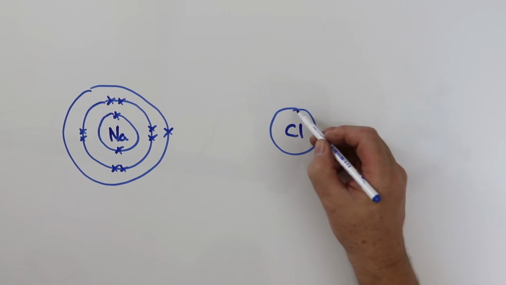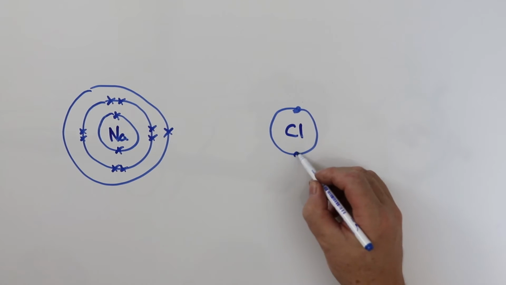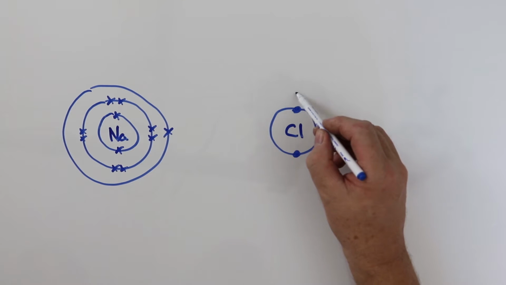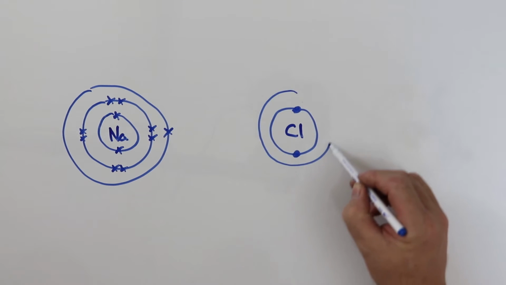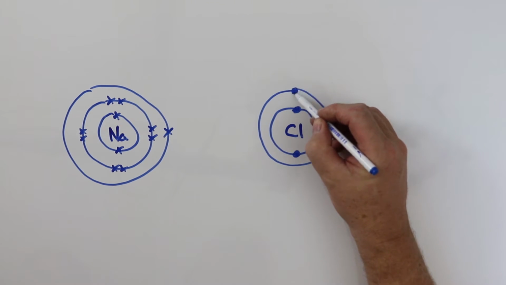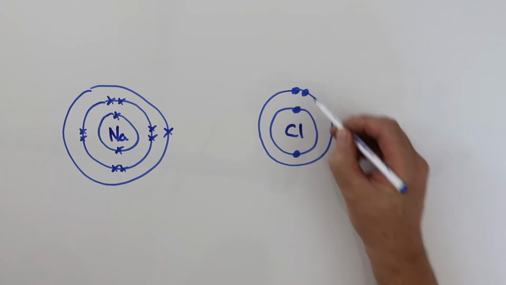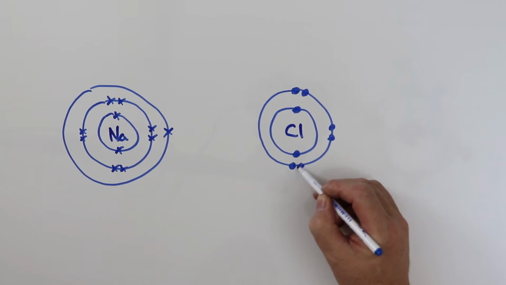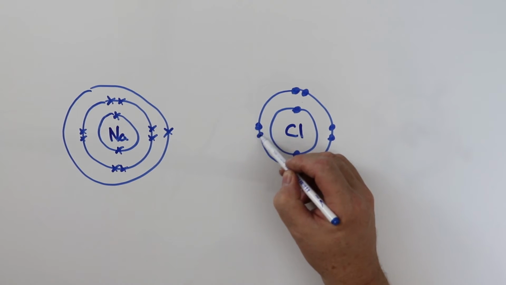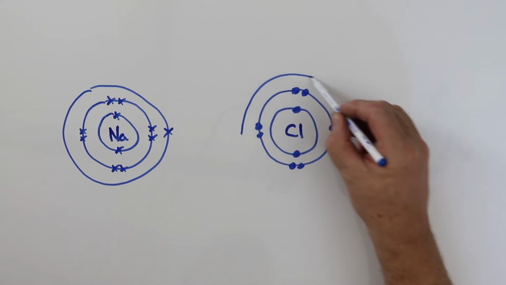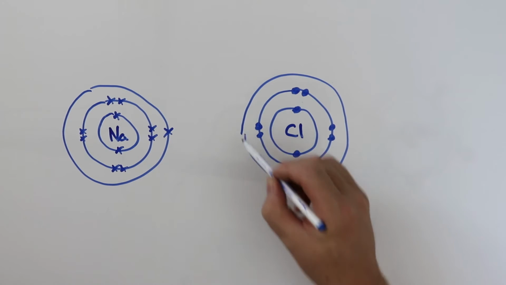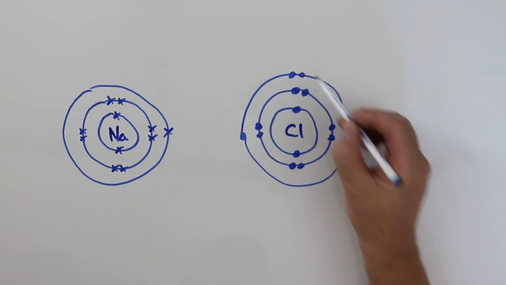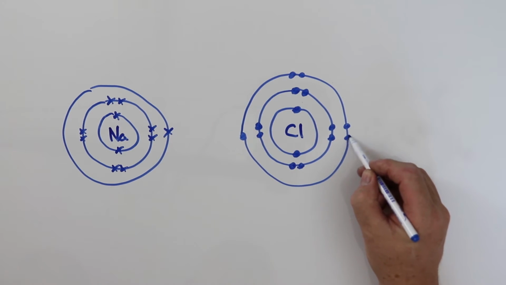Chlorine has 2 electrons in its inner shell, and I'm going to draw these as dots rather than crosses, just so you can see the difference. It has 8 electrons in its next shell, and in its outermost shell it has 7 electrons.